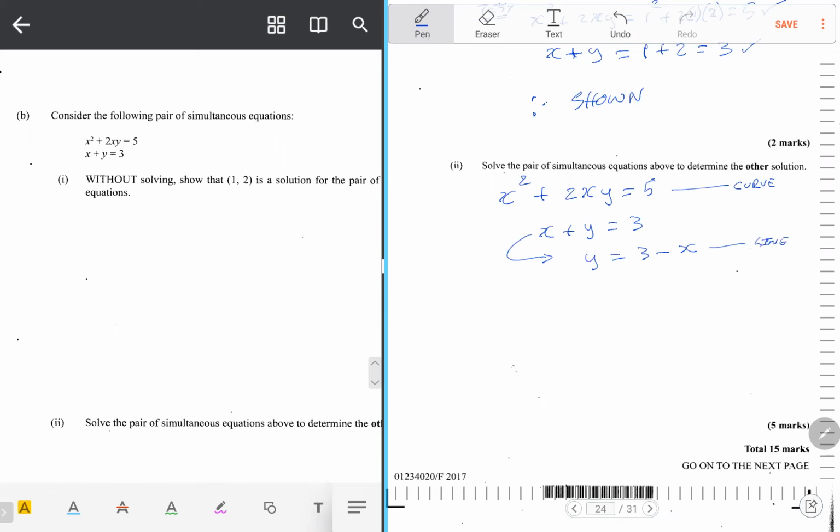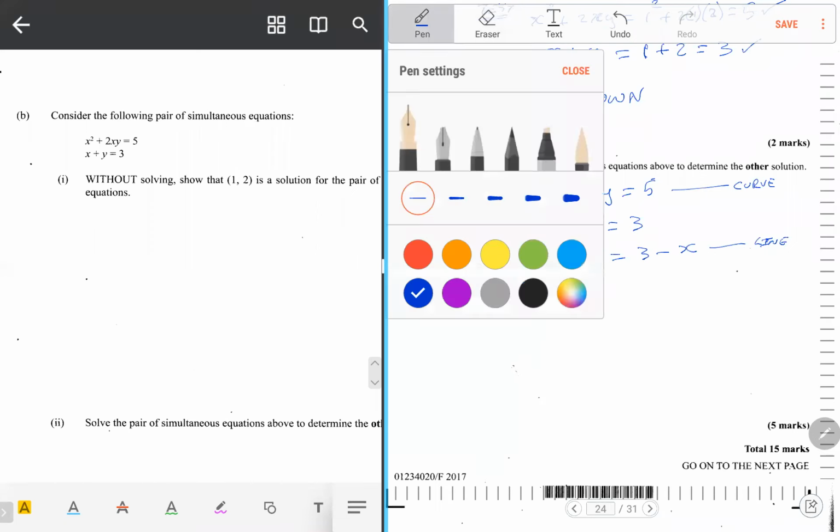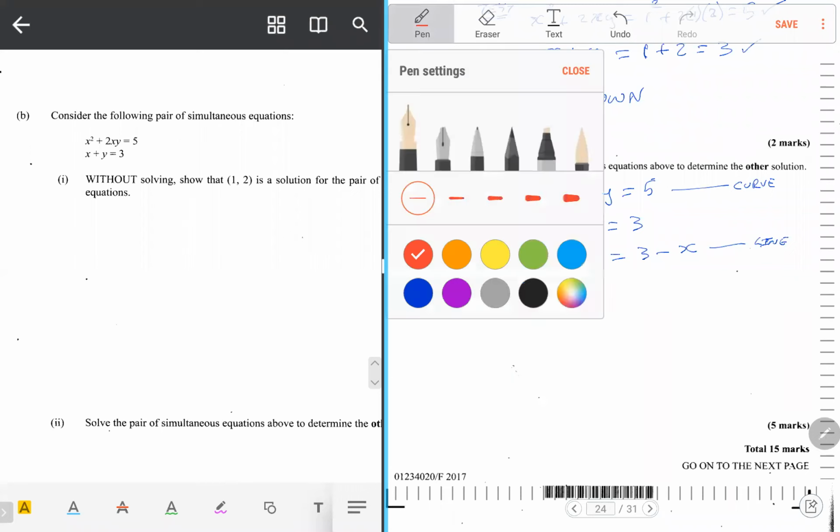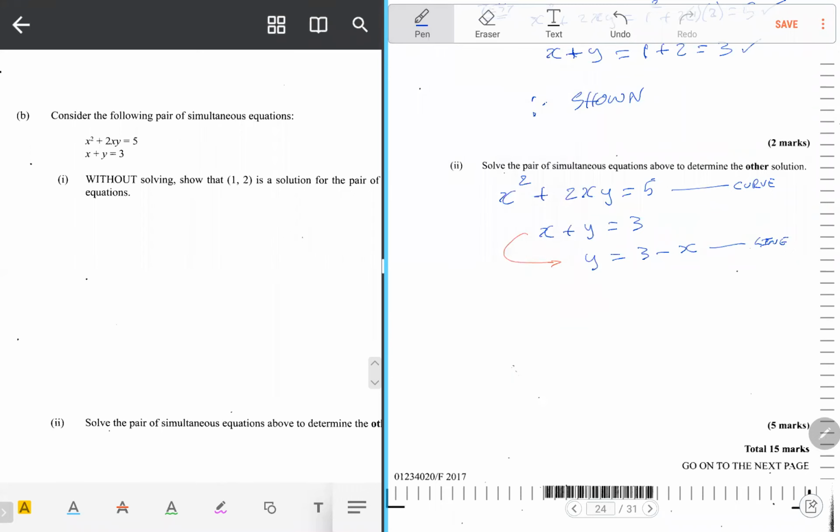It's usually easier to use a substitution method. So we're going to solve by substituting for y. We're going to substitute the line into the curve. I want to find where they intersect, so put them together.